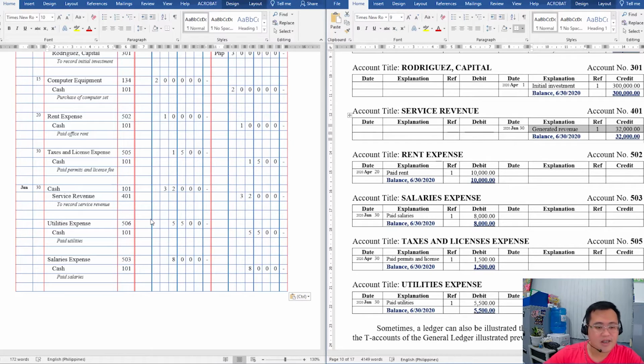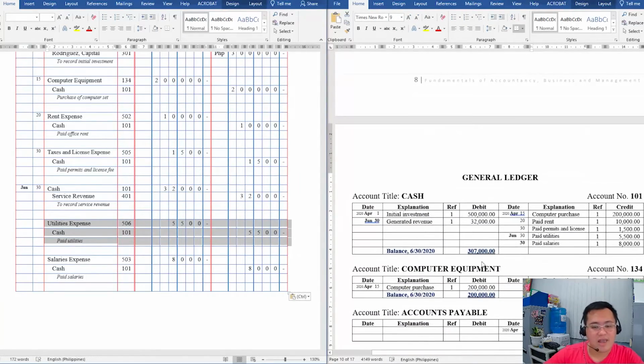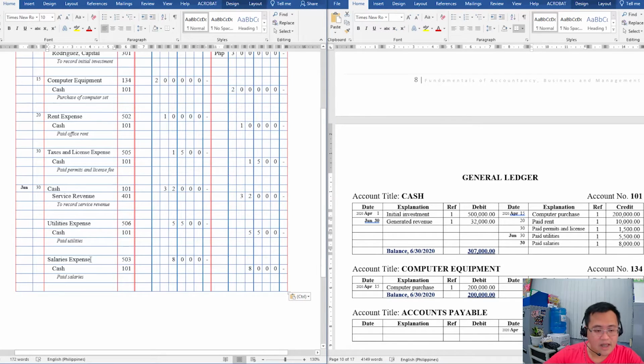Okay, next journal entry. Debit, utilities expense 55,000, credit 5,500 for cash. So debit, utilities expense on the left side here and credit cash of 5,500 on the right side of the ledger account number 101. And lastly, we have here salaries expense for 8,000 pesos debit and credit cash 8,000 pesos for the last journal entry.